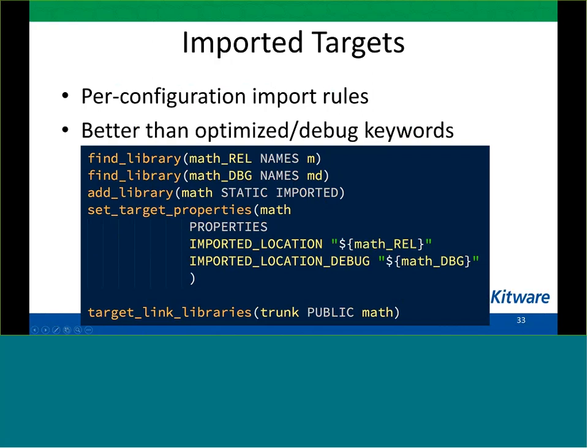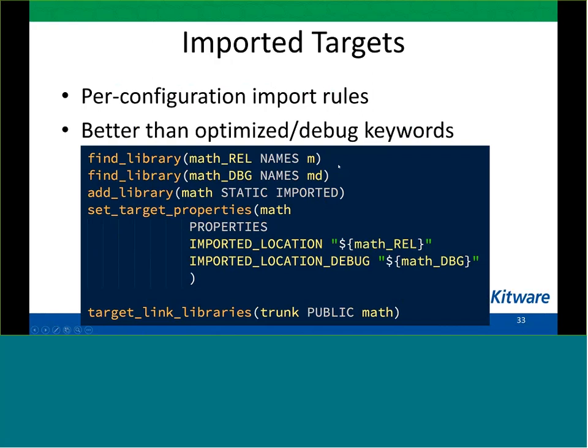You can also do per configuration import rules, which is better than the optimized debug keywords in target link libraries. In this case, I'm going to find a debug library for math and a release library for math.